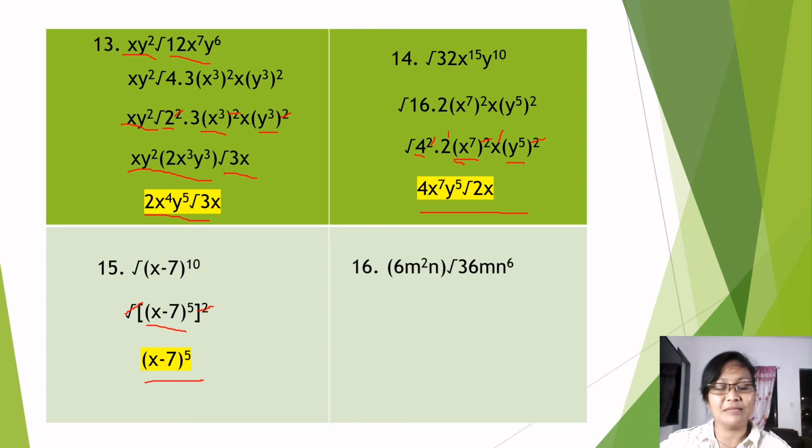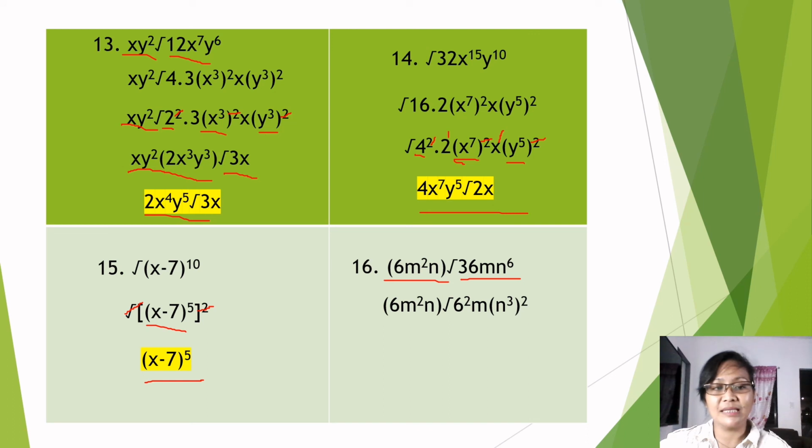Last but not the least, number 16, bonus. So we have 6m squared n, square root of 36m n to the 6th power. First, we're going to copy the terms outside the radical sign and then factor out the radicand.